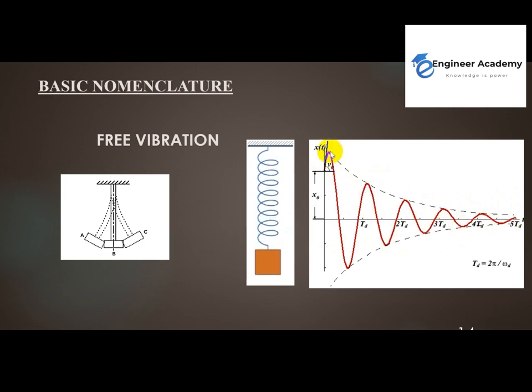The amplitude here is high and starts to go down a little bit until it goes to rest. In this case, because it's free vibration, there is no external force affecting this body to vibrate. Just pull it and leave. The same concept applies if we have a pendulum like this. If we push it to move right and left, we call it free vibration, where you push it and leave it to vibrate.